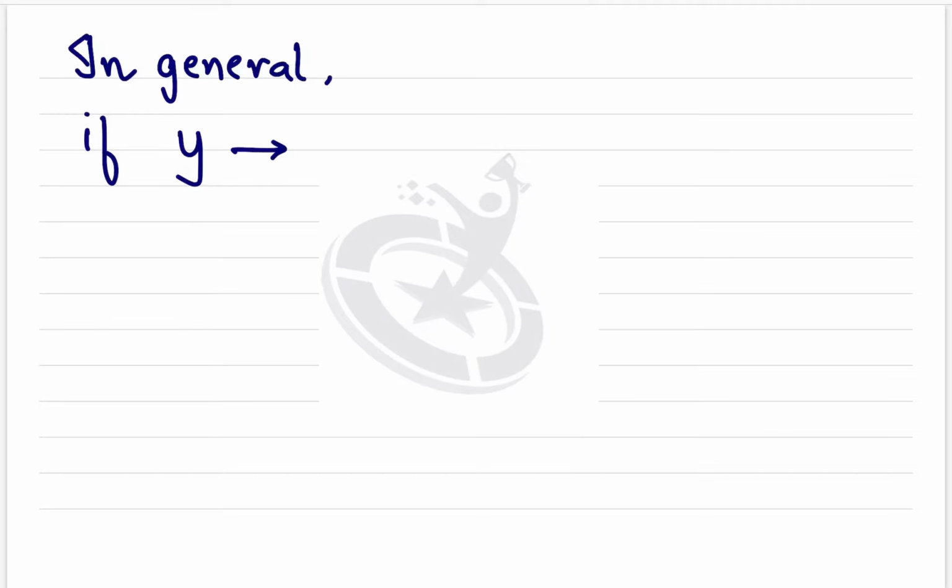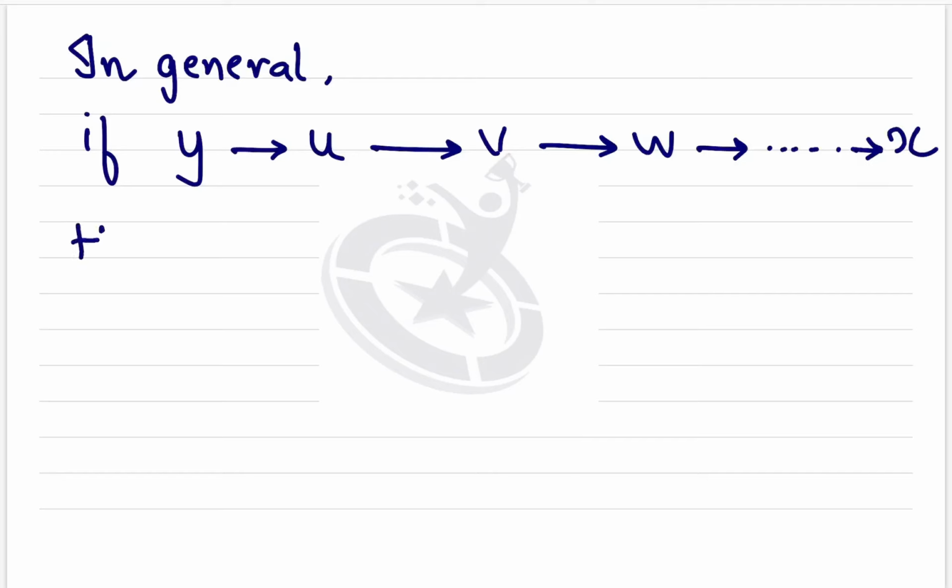So in general, now here I write the composite rule. So please understand this. If y is a function of u, u is a function of v, v is a function of w, and so on up to x, any number of functions, then you want the derivative of y with respect to the last variable x.